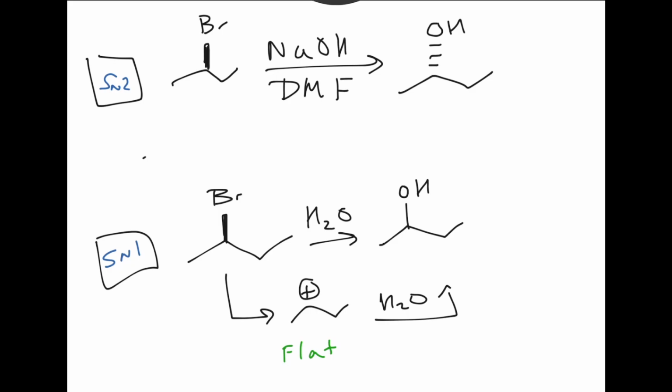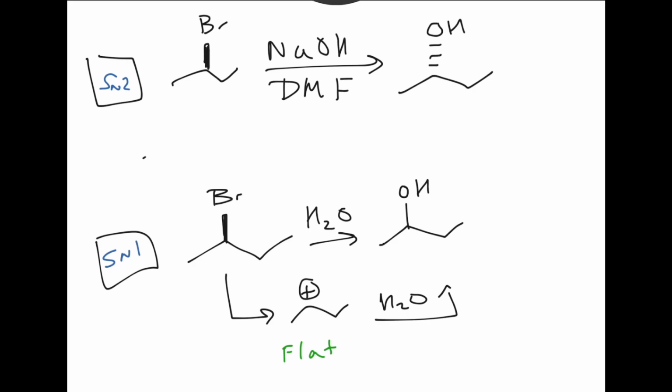So when we're doing these, the first place I always have us look is at the halide, what type of halide it is, because the halide has veto power. If the halide can't do a type of reaction, it doesn't matter what everything else is, we're not doing that type of reaction.